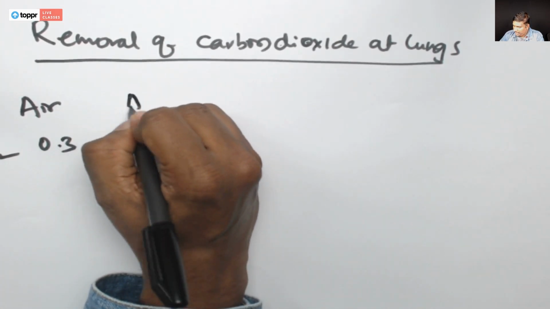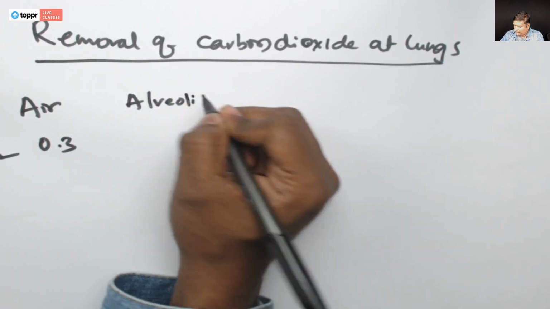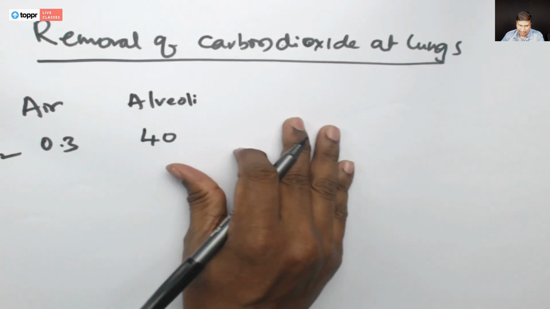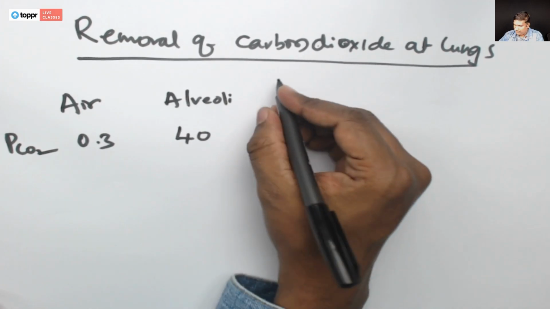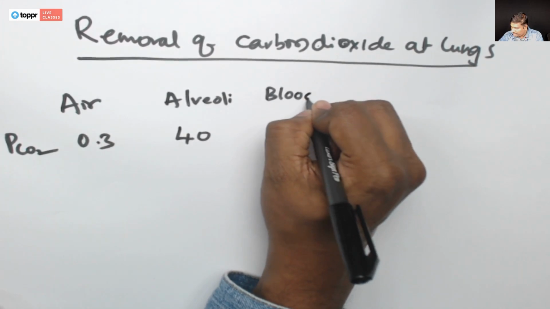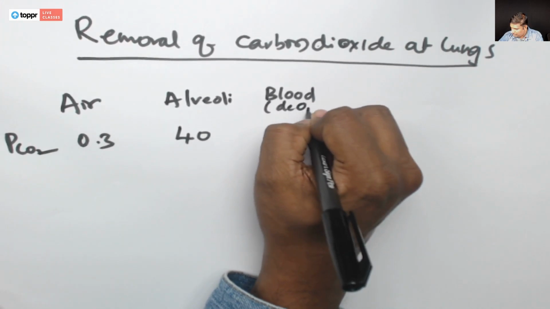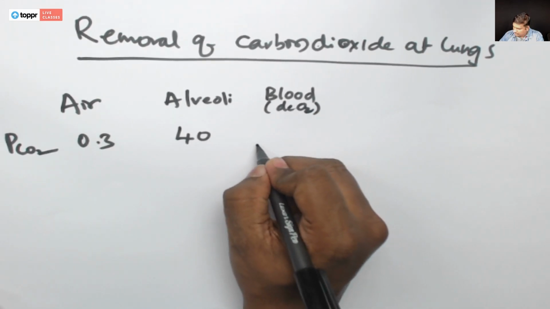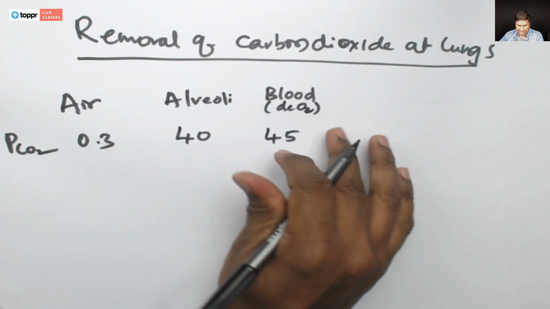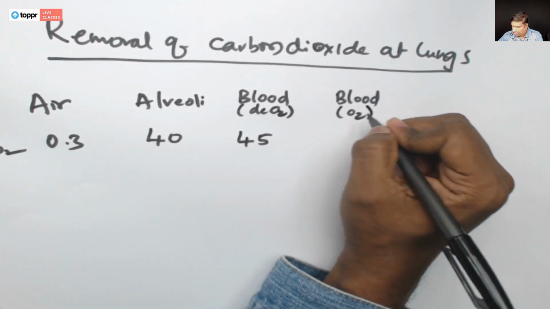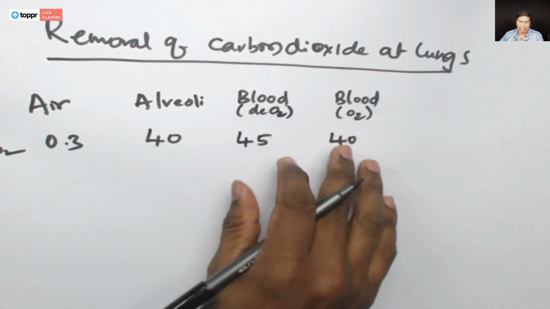The minute it reaches the alveoli, it is 40 mm of Hg. Then in the deoxygenated blood, it is 45 mm of Hg. And in the oxygenated blood, it is 40 mm of Hg.